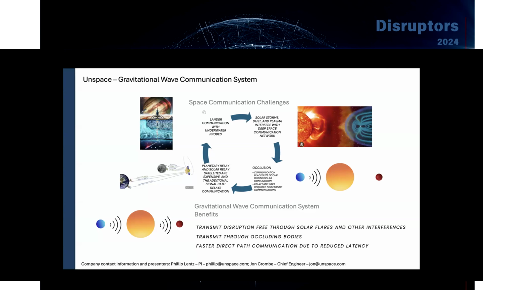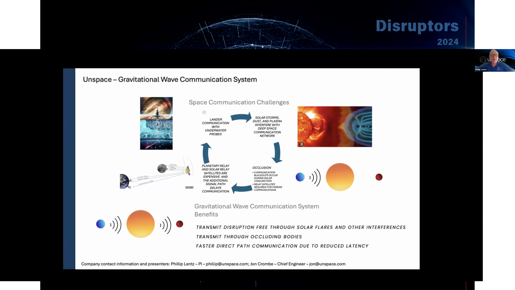So as such, there are communication problems that can be addressed in space by gravitational waves, and we'll come back to the how in just a minute. But solar and terrestrial weather interfere with communications: ionosphere interference, radiation, space debris, disruption of relay satellites, signal latency from relay satellites.